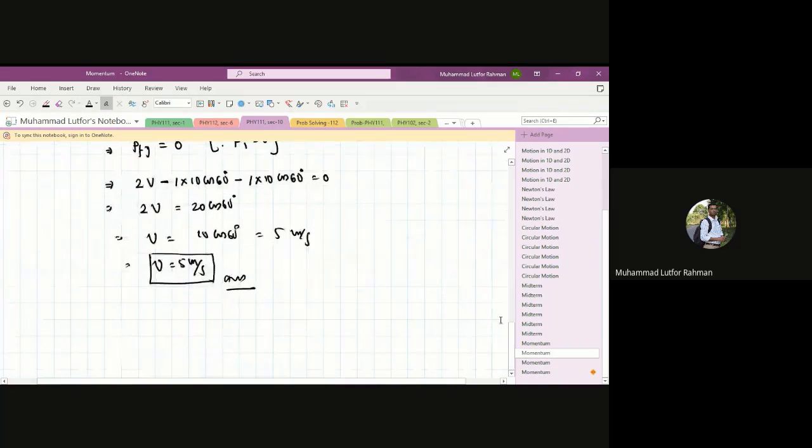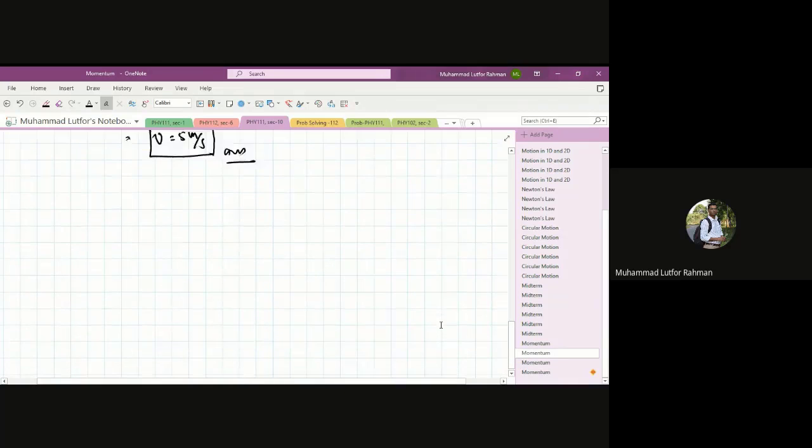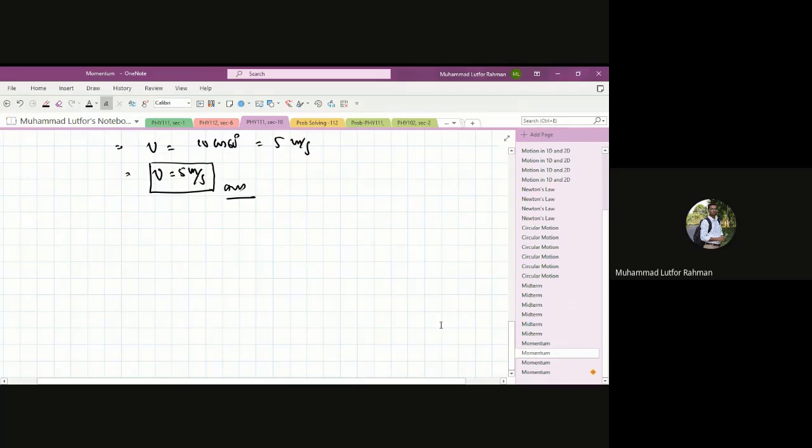That's fine. Let's consider another case, in a more simplified way. I'm choosing another problem. It's a two-dimensional case. Think of a billiard ball. This is your cue ball, and this is your target ball.